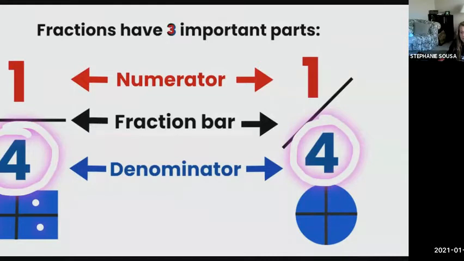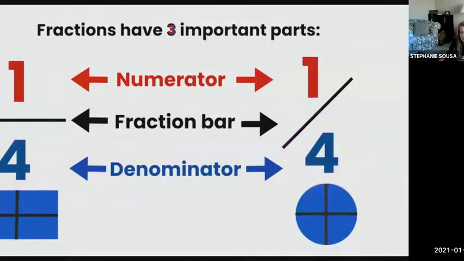So the denominator tells you how many parts are on the whole. Then we have the fraction bar. The fraction bar is what separates the numerator and the denominator. You can think of it as the lines that separate or partition or divide the model with which you are working. Finally, we have the numerator.